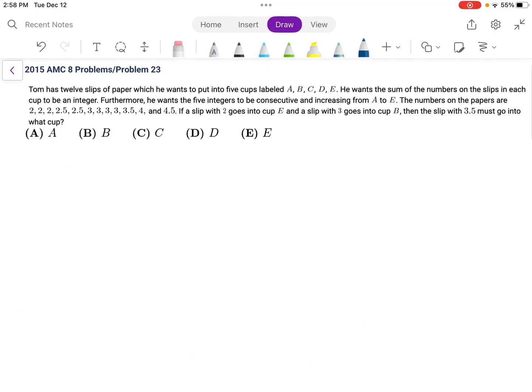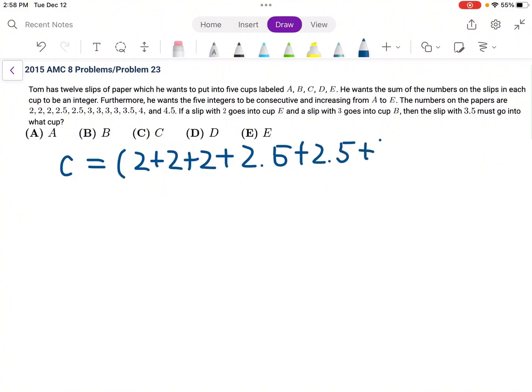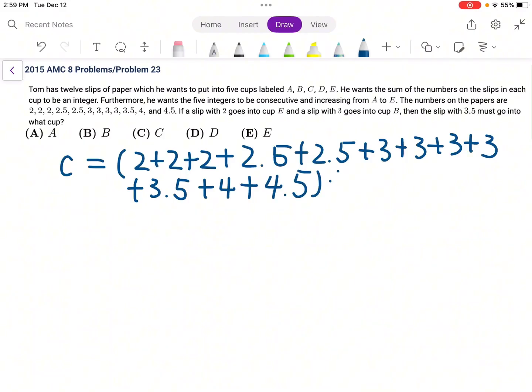Let's first calculate the value of C. It would be the sum of all the numbers, 2 plus 2 plus 2 plus 2.5 plus 2.5 plus 3 plus 3 plus 3 plus 3 plus 3.5 plus 4 plus 4.5, divided by 5 for the 5 letters, and that is 7. Therefore, C has a value of 7.